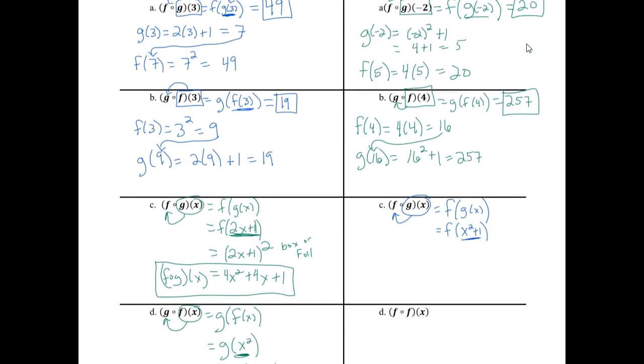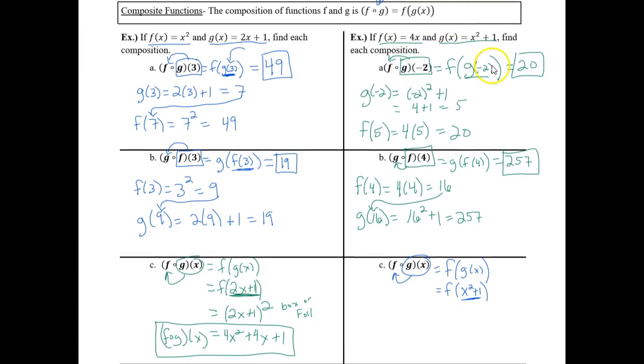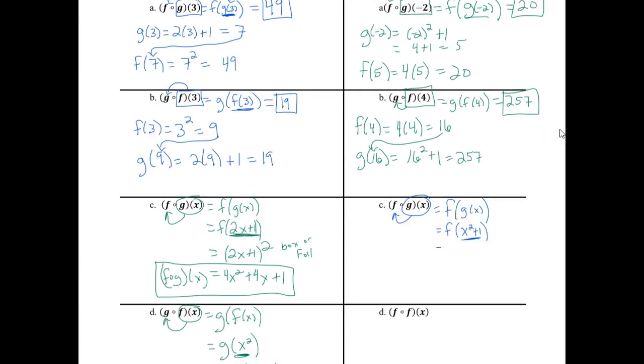That's what we're inputting into f. And f is 4 times x. So 4, and instead of x, we put in x squared plus 1. That means we could distribute and get f of g of x is 4x squared plus 4.